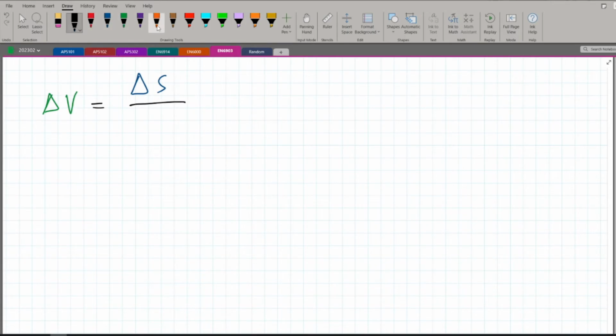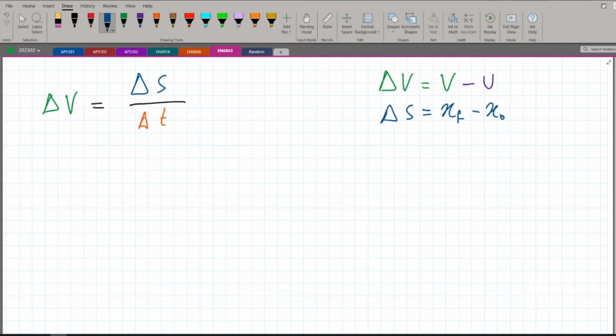Okay, I'll tell you why I'm writing it in this way. Delta v basically means the change in velocity. So it is v minus u, final minus initial. The same thing for displacement. Delta s is equal to x final minus x initial, or usually we write it in terms of s. So I'm going to just write it as s final minus s initial.